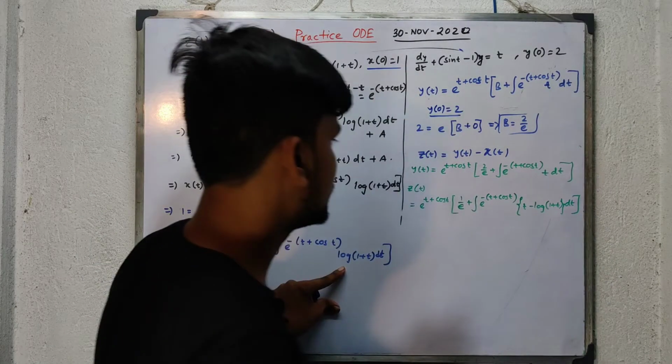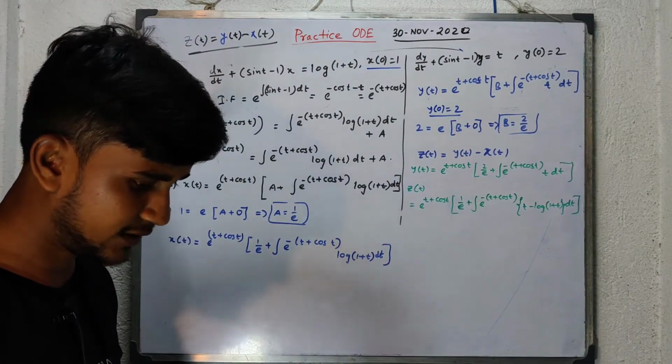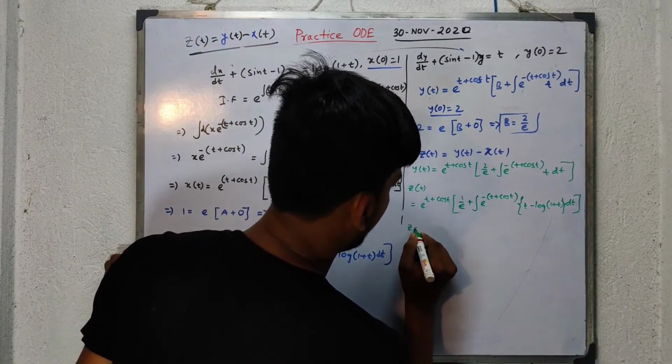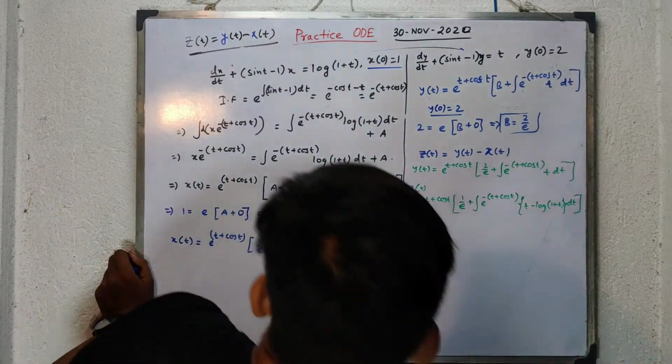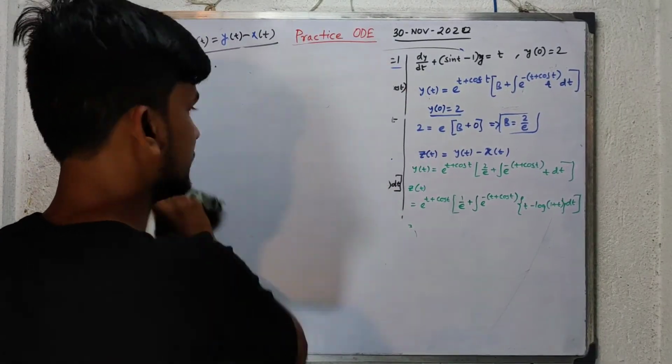Okay, now the options include z(1) and z(2), so first find z(1). We erase this part, it is not necessary now.